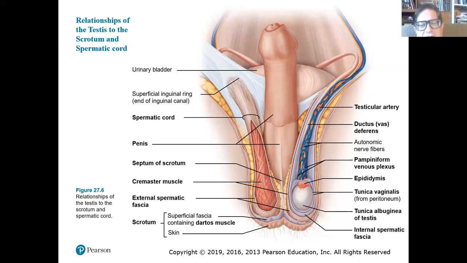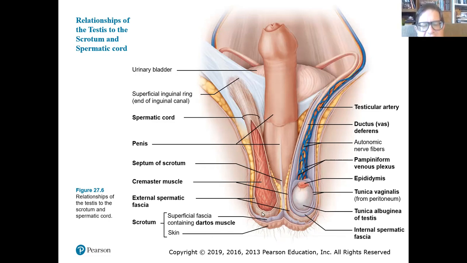They're inside of this spermatic cord. But let's talk about the scrotum, because that's the intent here. You have the skin of the scrotum, and below that you have a fascia that has the dartos muscle. That's the muscle you heard about that causes the wrinkling. When it's too cold, you do the wrinkling.